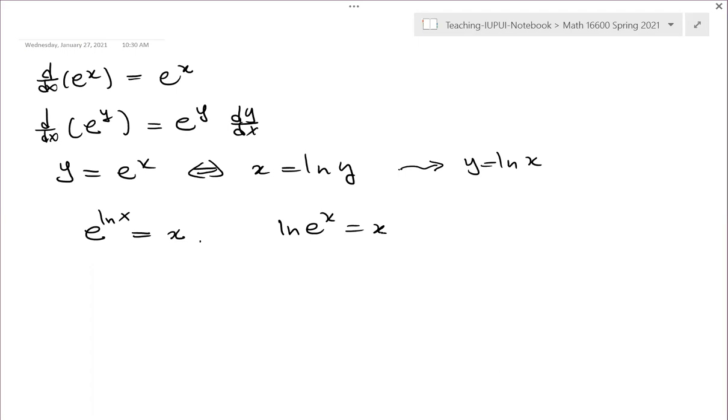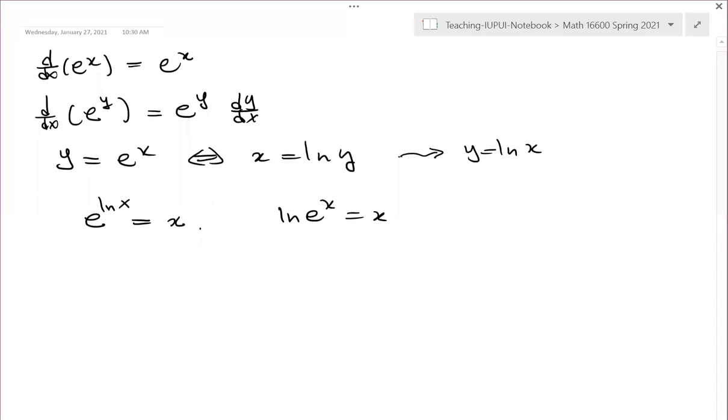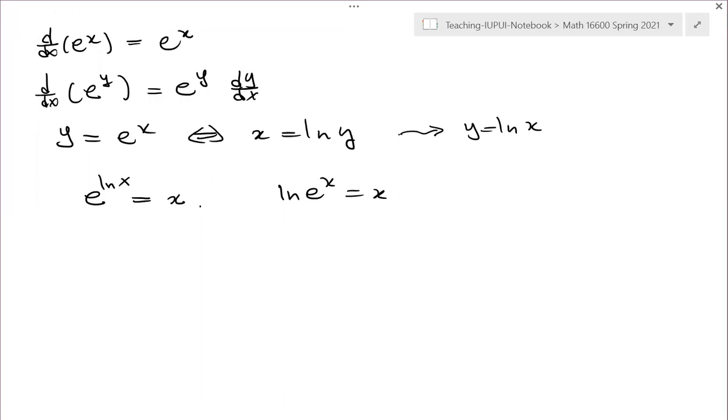Now I'm going to use the first one, the one on the left, to find the derivative. So differentiate both sides with respect to x. Be careful. Remember, this is a formula we can use. Here y is the natural log x.